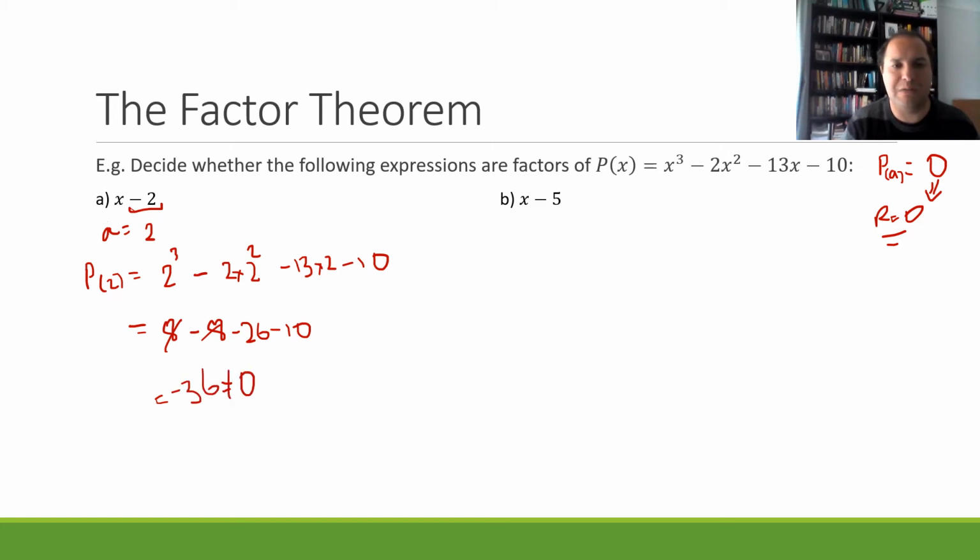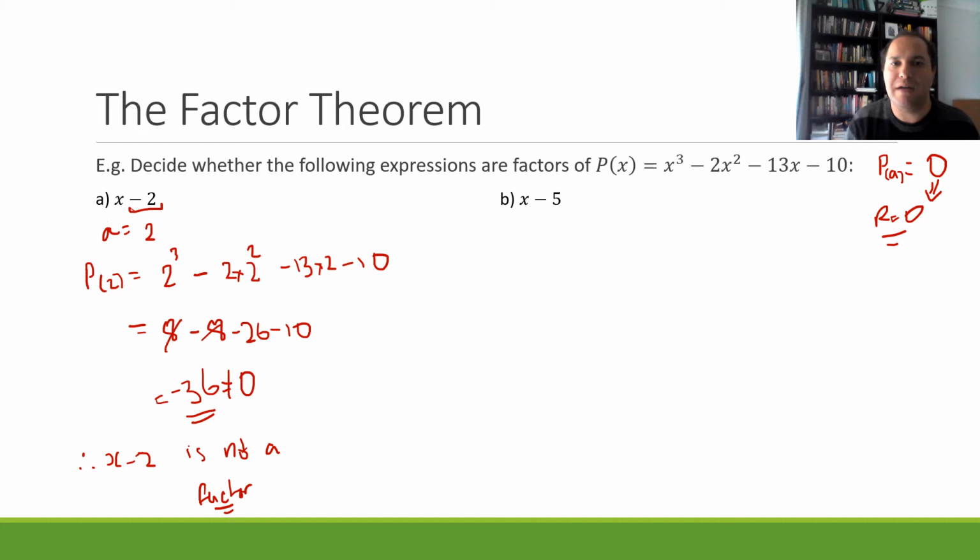That does not equal 0, so therefore x minus 2 is not a factor, because when you divide our polynomial by x minus 2, the remainder is actually negative 36. So it's definitely not a factor.